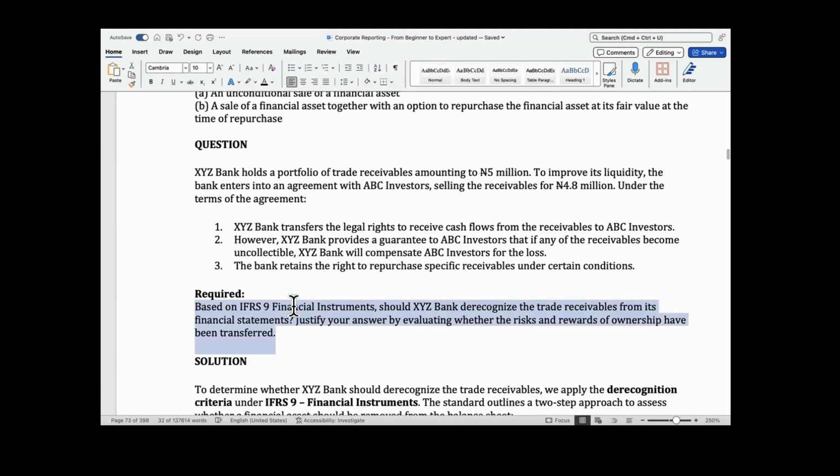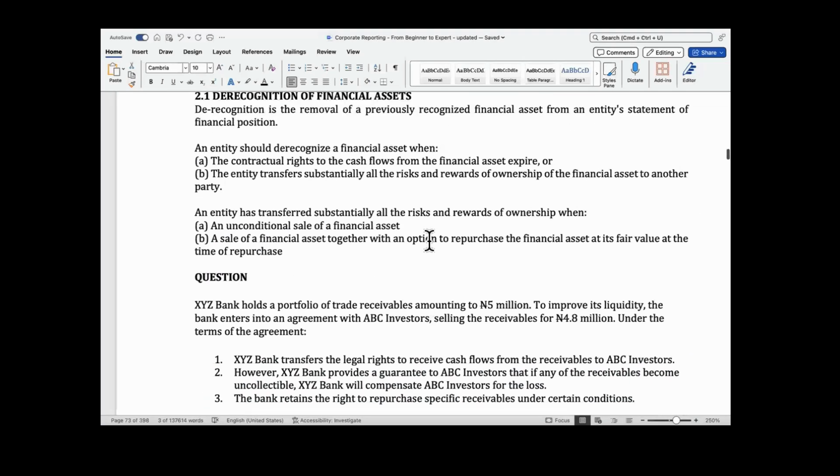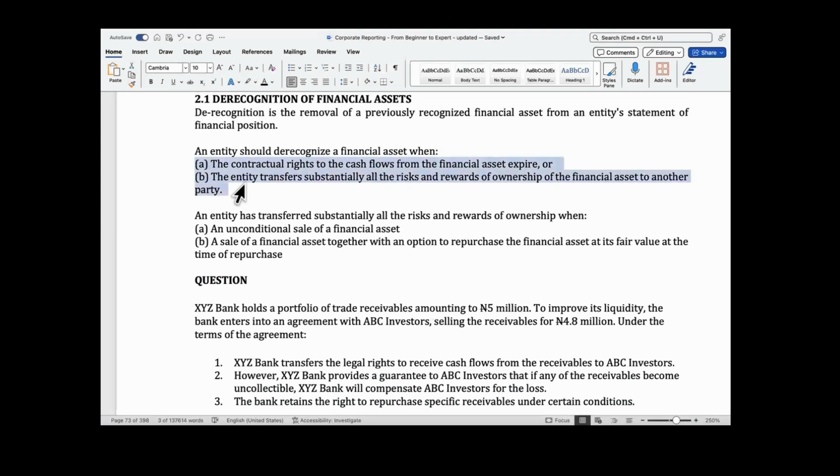So now, you see, to determine whether XYZ Bank should derecognize these trade receivables as required by this question, you need to ensure that these two exist. These two must exist. If only one of them exists and the second does not, you cannot derecognize it. You will continue to recognize it.